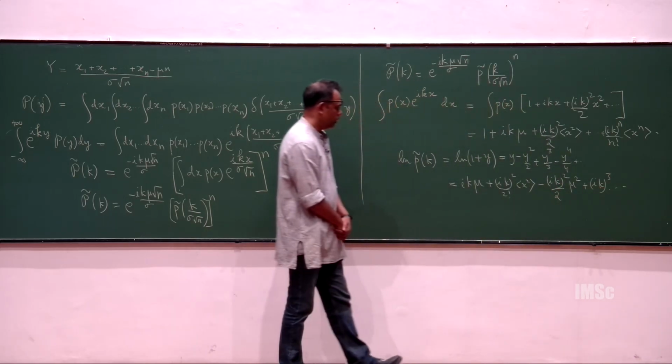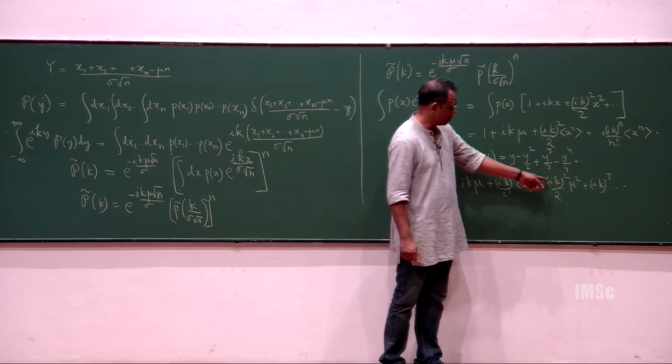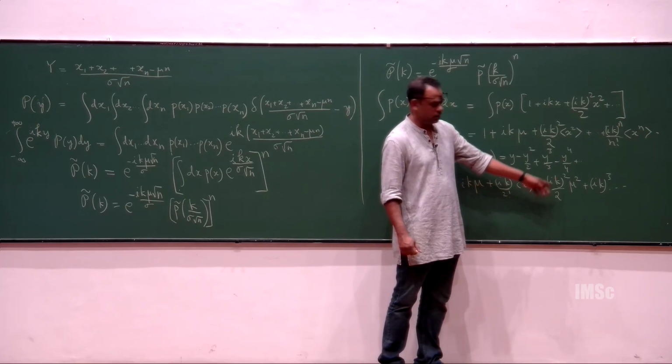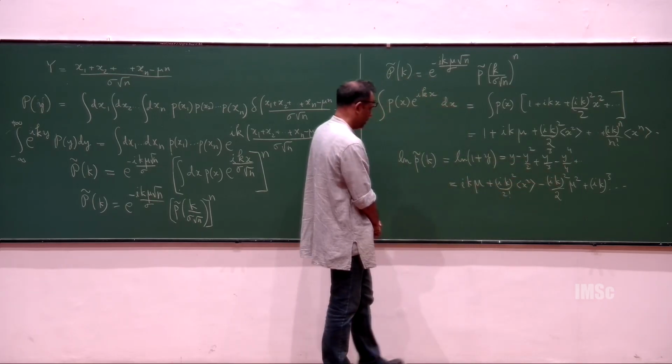Okay. So I just kept the terms of order I k the whole square. There are other terms also there.